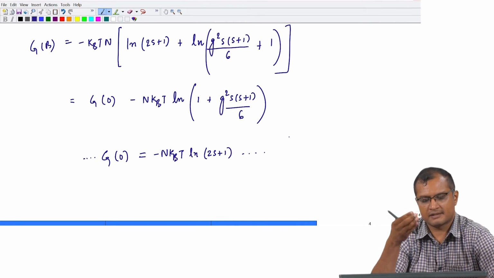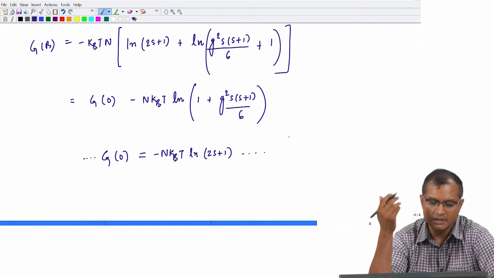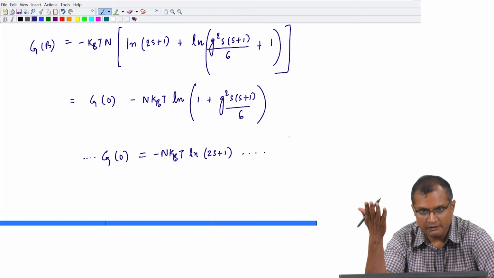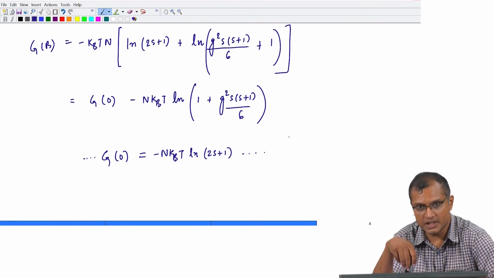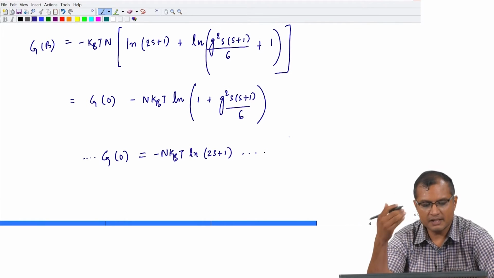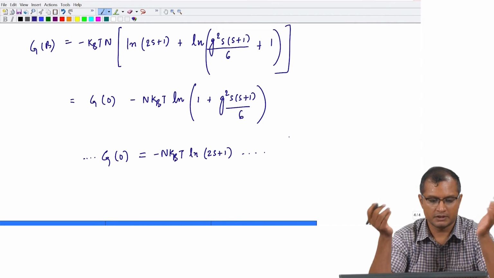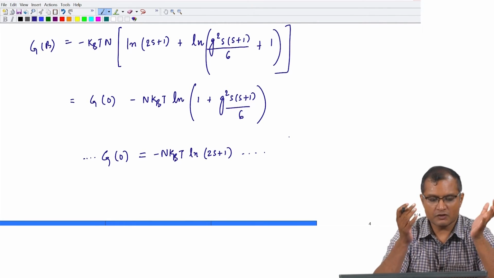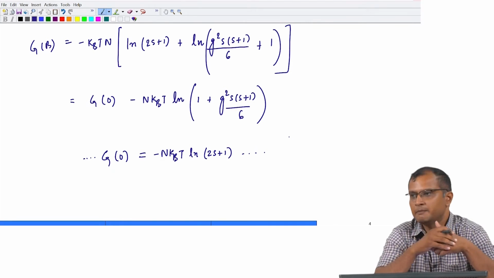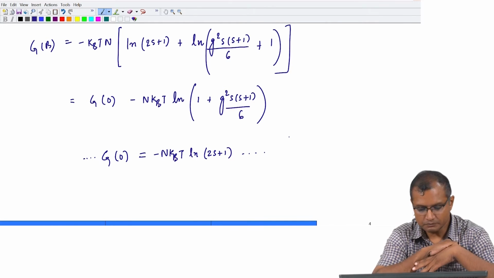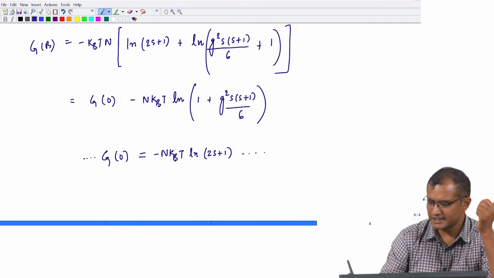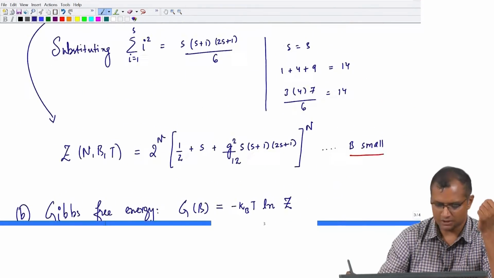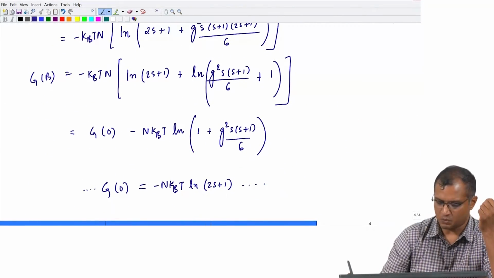The next term, which depends on field through this factor g, is called the field dependent part. If you take the difference of Gb and G0, that would be the field dependent part of the free energy. Let us call this equation 1.